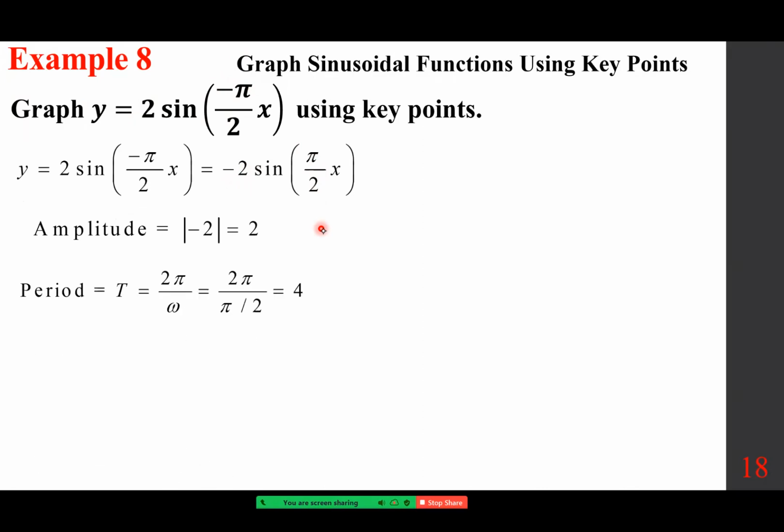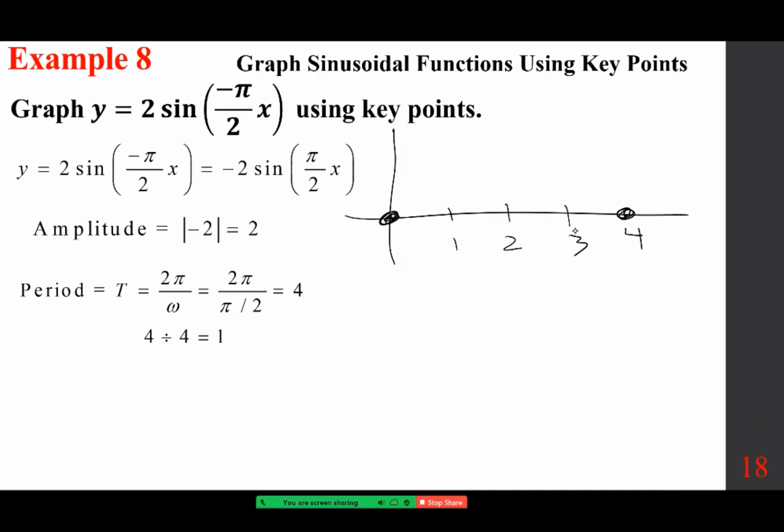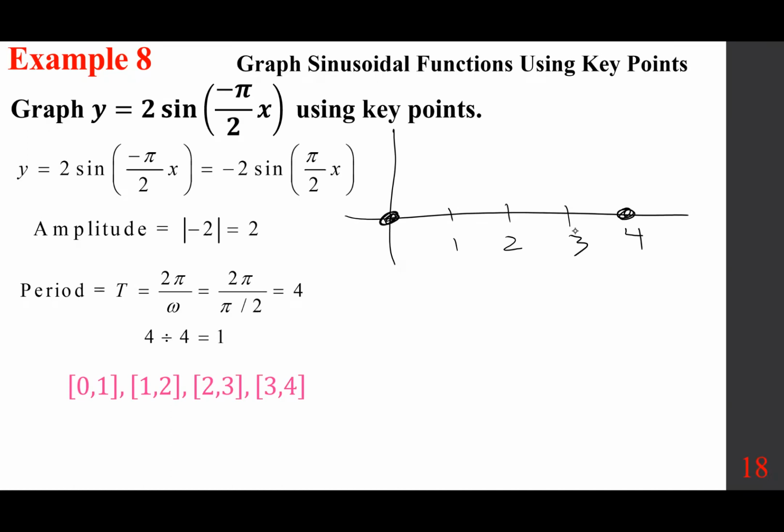So what this means now is that this is 4. We're going to cut it into 4 pieces. So that means we go from 0 to 1, 1 to 2, 2 to 3, 3 to 4. That's the meaning of it. So I hope you understand how easy this becomes.